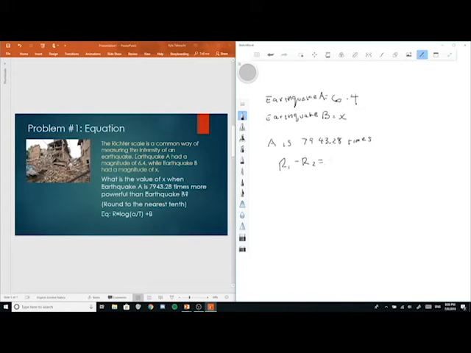And we are going to just plug into the equation. That'll be log of A1 over T plus B, and we're going to subtract the log of A2 over T plus B.